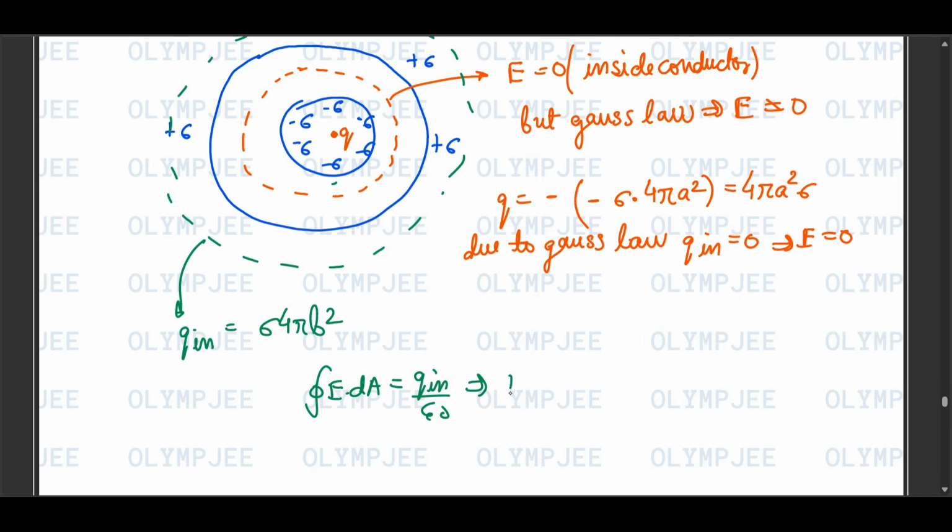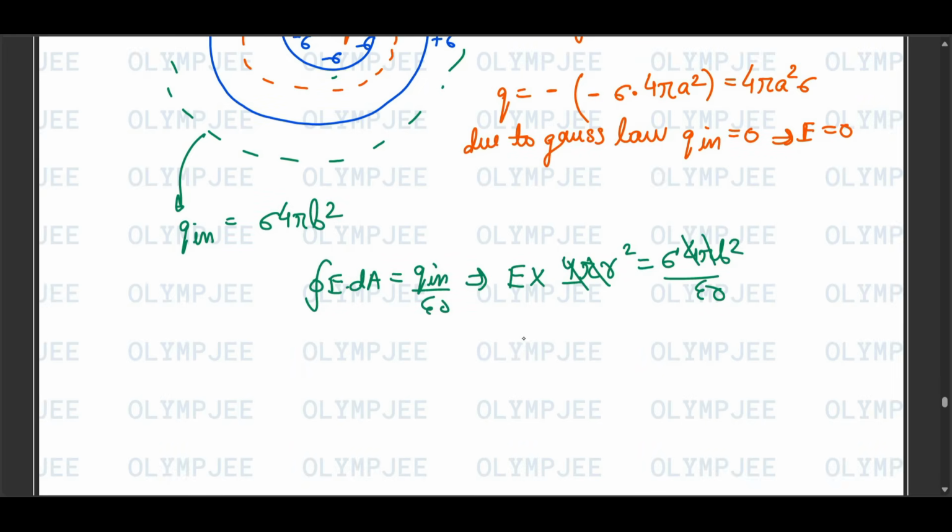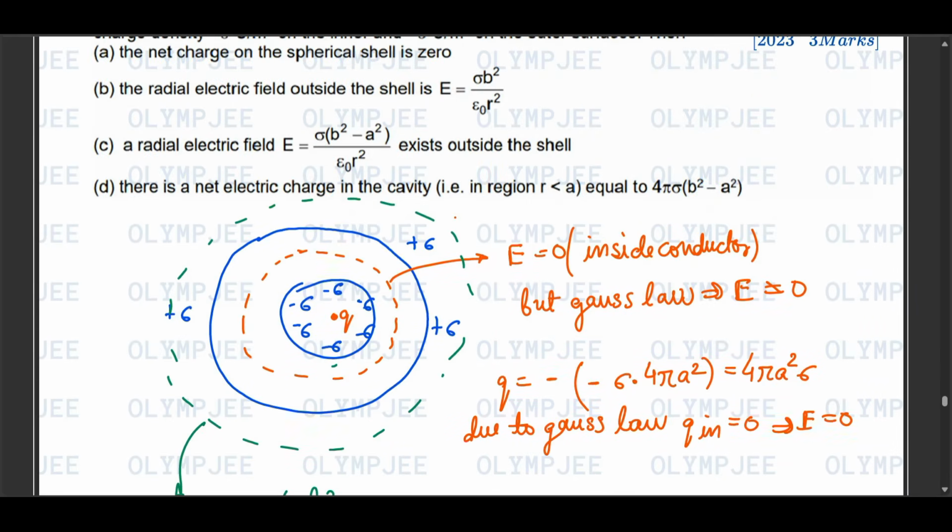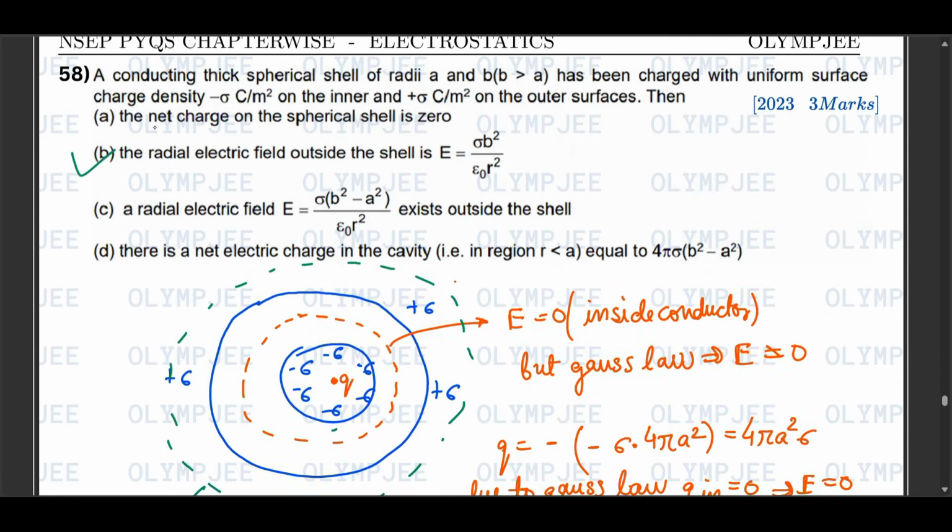So E multiplied by 4 pi r square is equal to sigma 4 pi b square by epsilon naught. 4 pi will get cancelled, so this will give us the electric field as this much. So option B is correct.